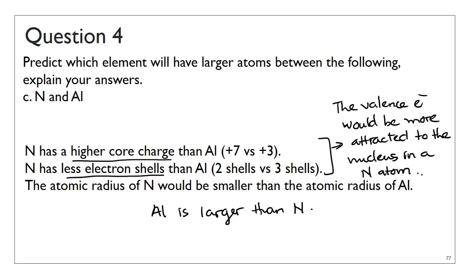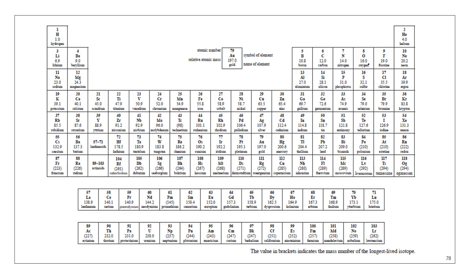Another way to answer this question between nitrogen and aluminium, and I guess you could do this if you have a multiple choice question and want to really quickly answer, is to look at the periodic table. I'm just going to recall what we had before.